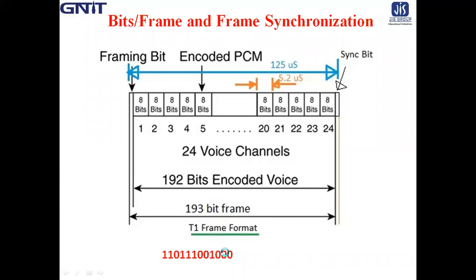Similarly, for the 12th frame, this 0 is transmitted for the frame synchronizing bit. Then again in the 13th frame, the first one is transmitted, and in the 14th frame, this one is transmitted. So this code is repeated every 12 frames.